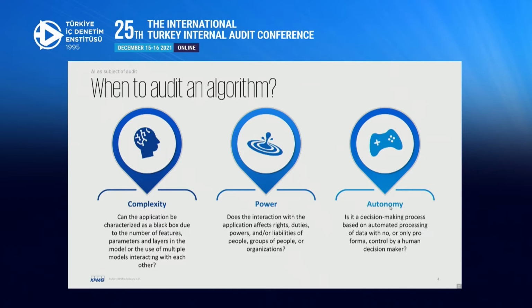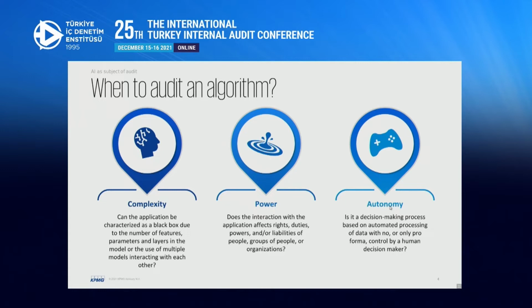So I'm focusing here on AI solutions, and if you're using AI solutions, the amount of errors that can be made is much higher than your traditional IT system, which is fully programmed by human beings. So if the complexity increases of an AI solution or an algorithm in general, then it automatically becomes more important as auditors to consider to start looking at it.